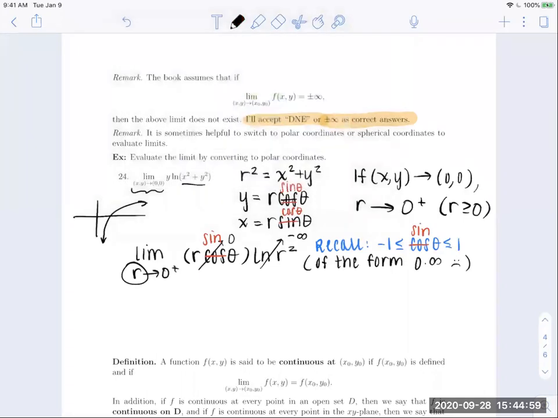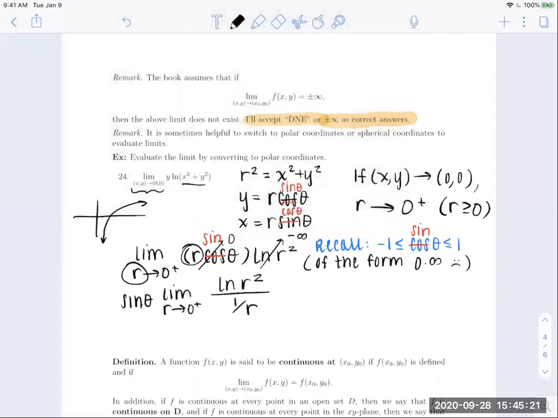All right, so what I'm going to do here is pull that trig function out front because the limit does not depend on theta. And then I'm going to take this r and push it to the denominator. So I have the natural log of r squared on top. If I push r to the denominator, I pay for it with the reciprocal. So I'm going to make it a 1 over r here.